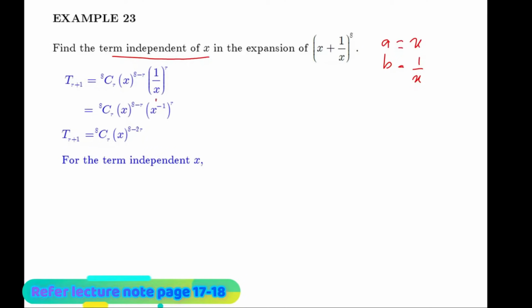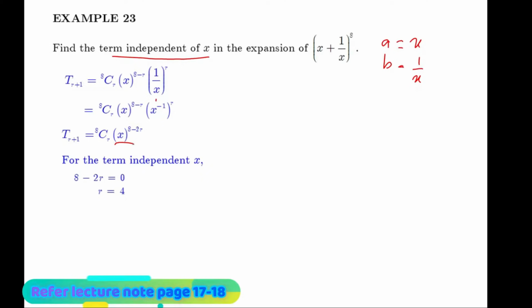The term independent of x means we have x to the power 0. And to do so, we equate 8 minus 2r, the power here, to 0. And then we will get our r as 4.